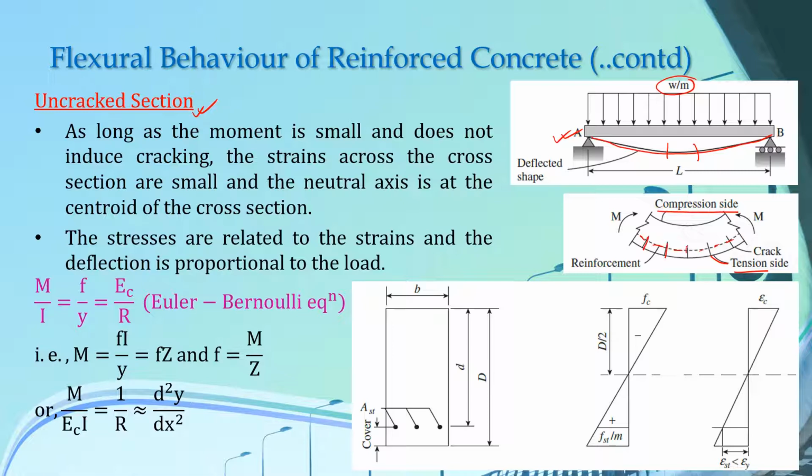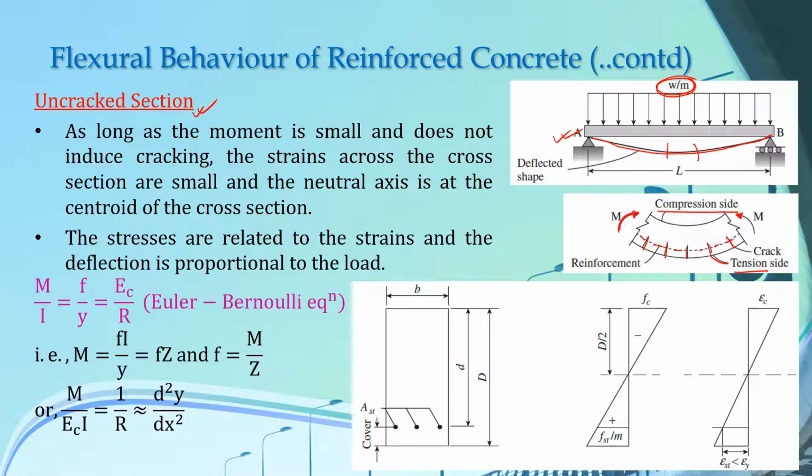These cracks you can see here. In this slide, we are discussing the uncracked section, which means these cracks have not appeared yet. We know that this uniformly distributed load induces internal forces in our beam, which is this moment here.